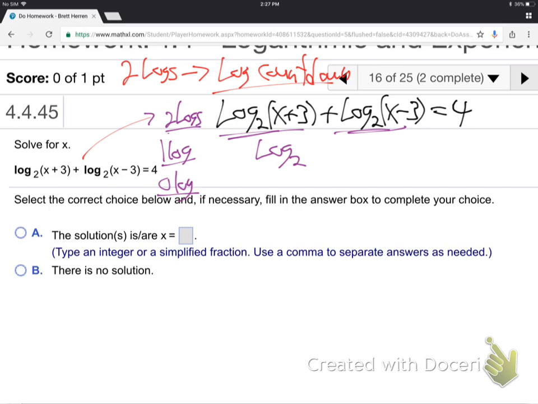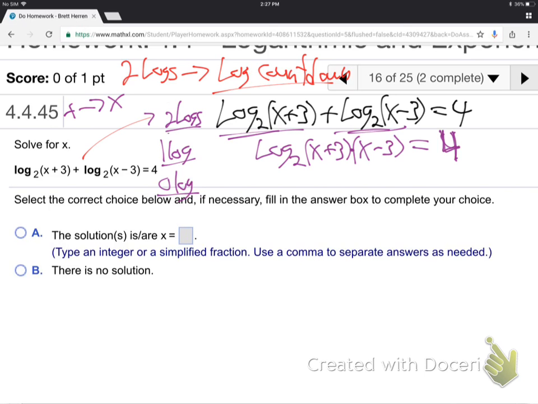So adding, an easy job for 2 logs, is going to become a harder job: multiplying, for 1 log. See how I went from 2 logs to 1 log and adding became times? Remember, that's the first property of the logs.